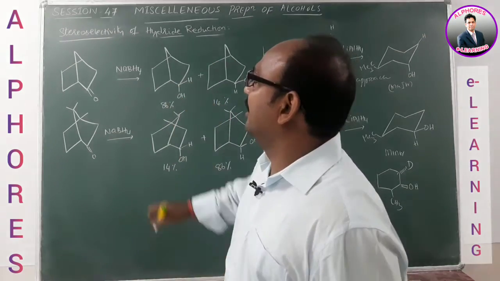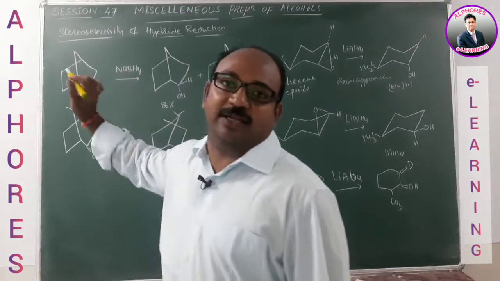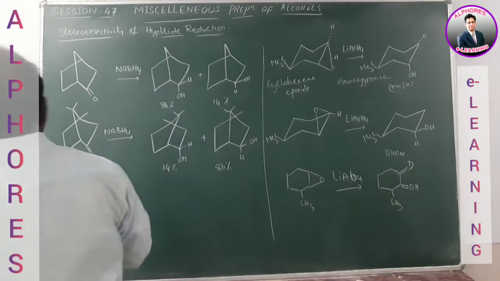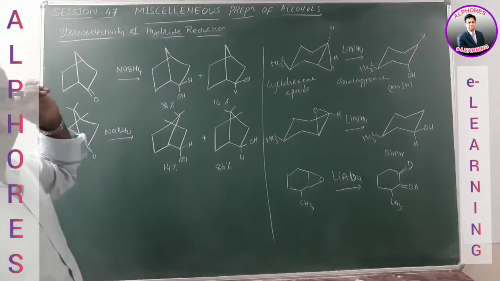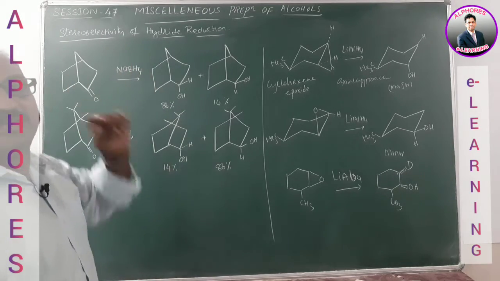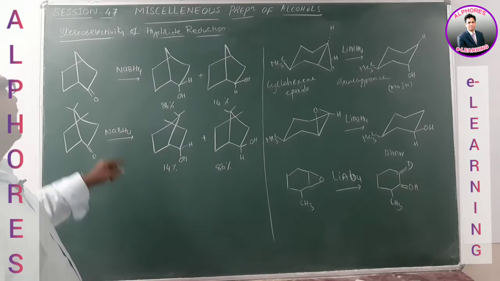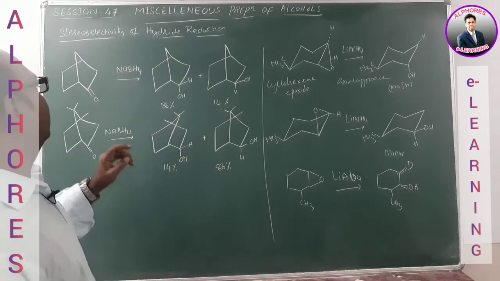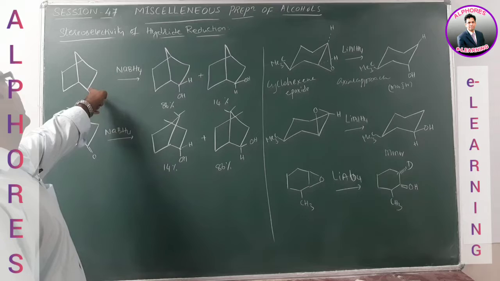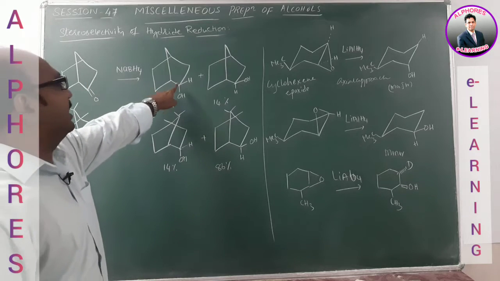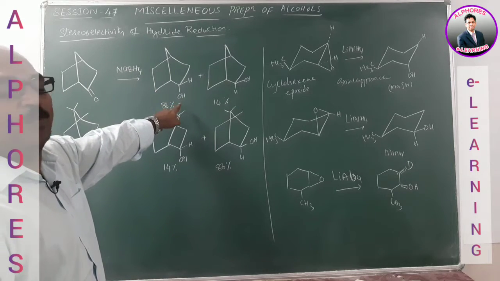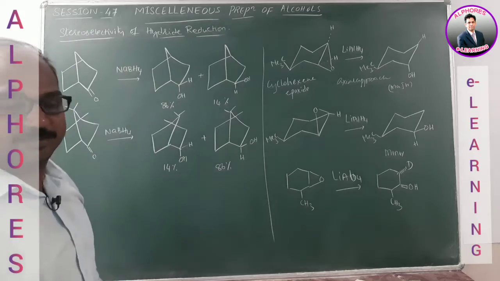Come here. Cyclohexanone like compounds. Here it is a bicyclo compound, not cyclohexanone. Upon reduction with NaBH4, this H minus approaches equatorial, and the resultant product with the axial OH group we are getting is 86%.